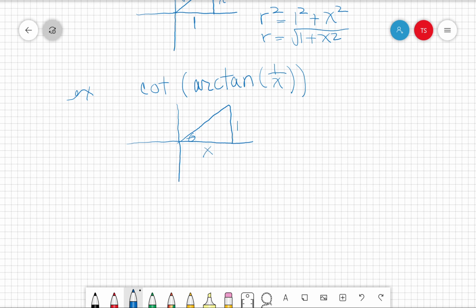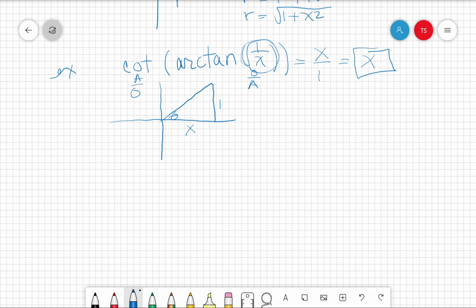Well, to find the cotangent, the tangent is opposite over adjacent. The cotangent is just adjacent over opposite. So it's just going to be the reciprocal of this term here. It's just going to be x. x over 1 or x. And that is our study of inverse functions.